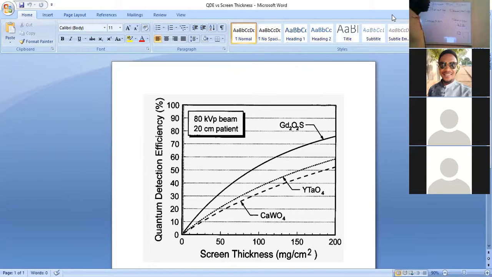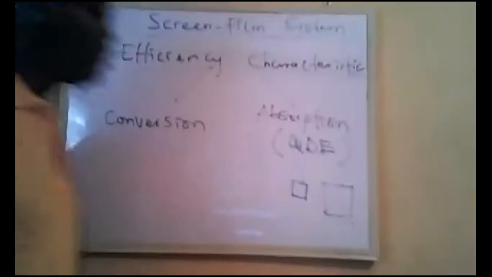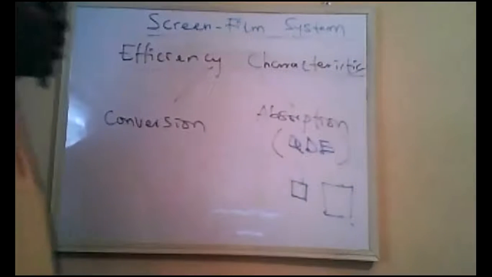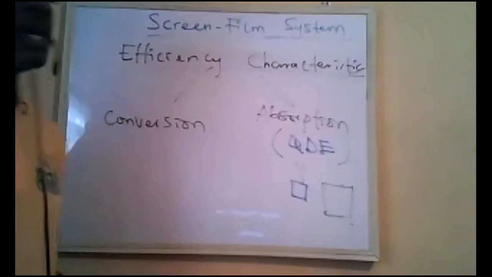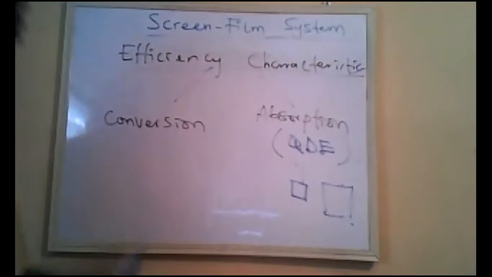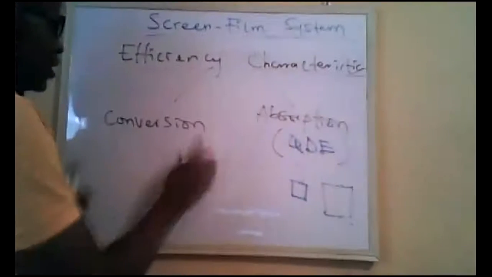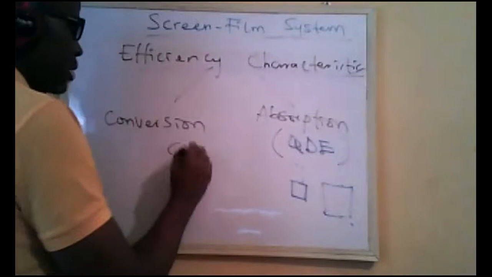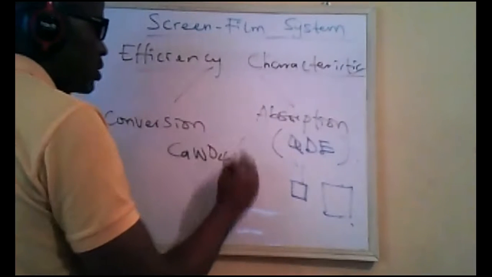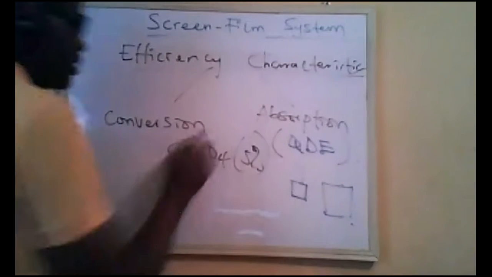Then for conversion efficiency, there are so many factors that determine it. For calcium tungstate, it's just around 5% conversion efficiency.